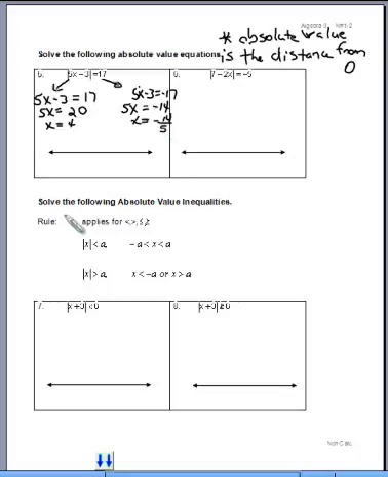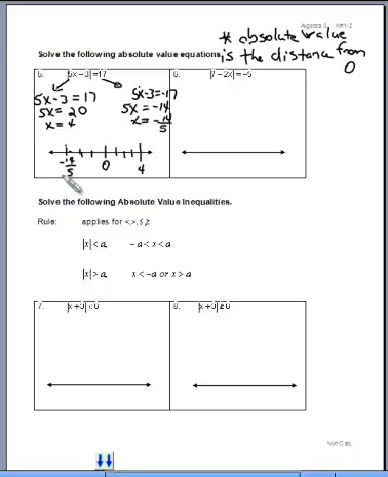So 14 fifths is 2 4/5. If I'm locating, we have 1, 2, 3, here's 4, 2 4/5 is right about in here, so that's negative 14 fifths.